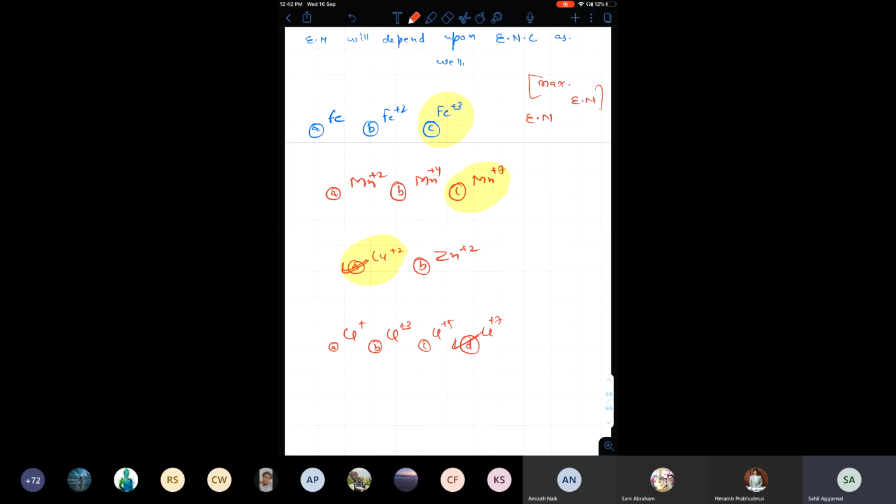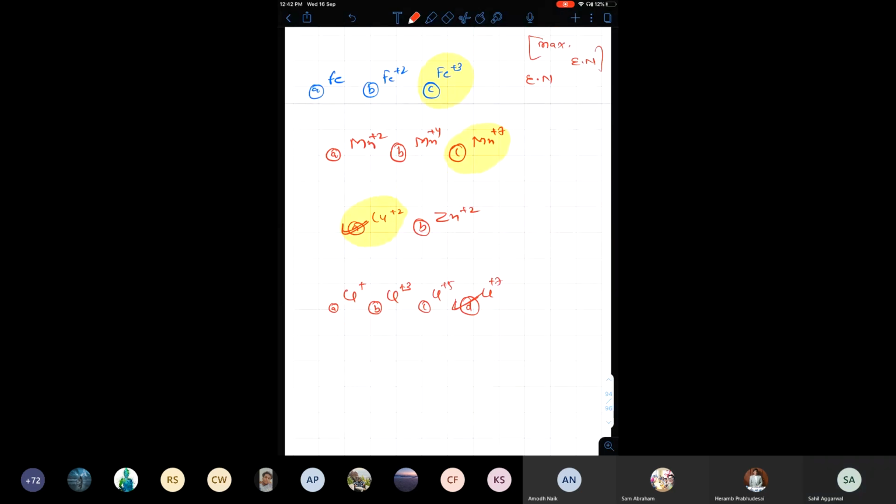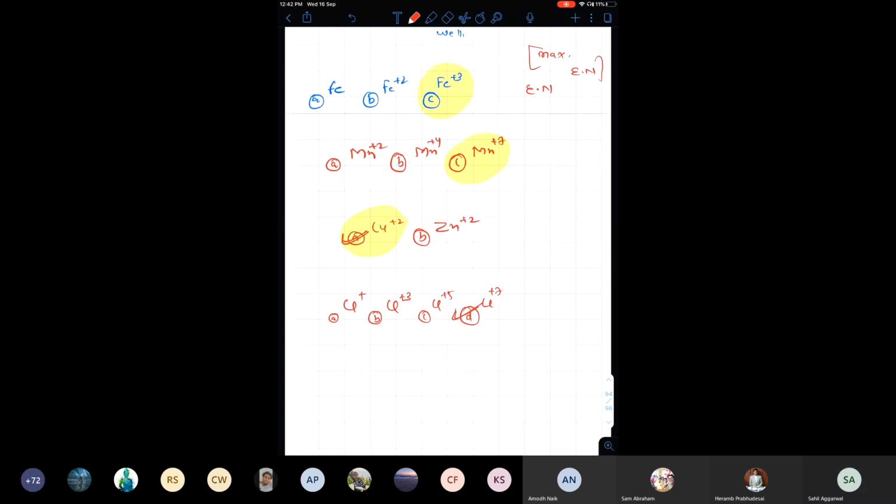The more the positive charge, the more is the electronegativity. Any problem to anyone in this?